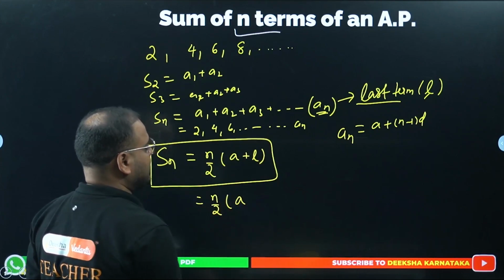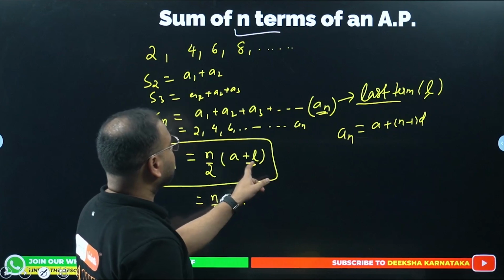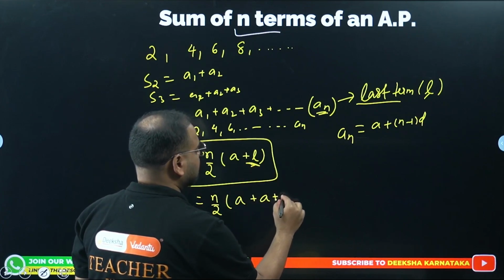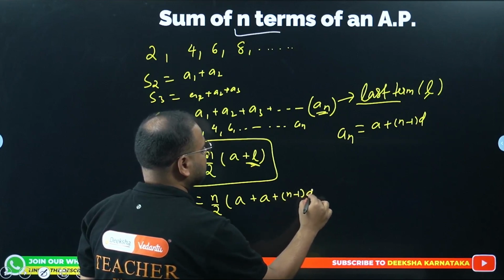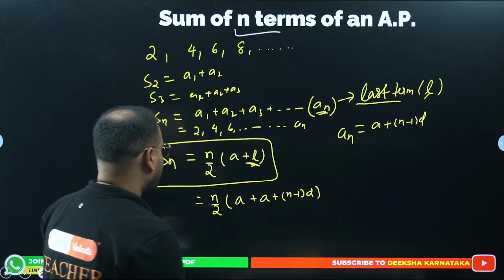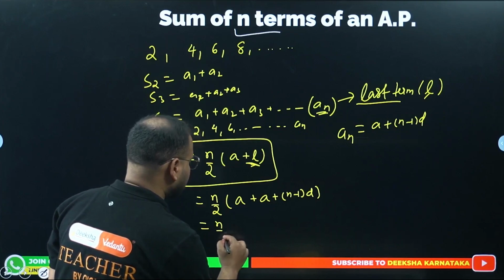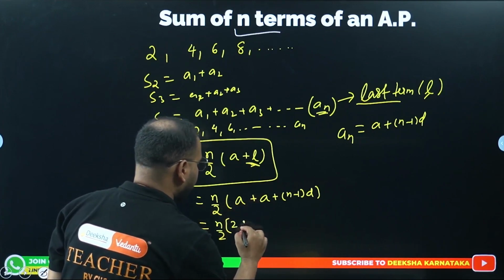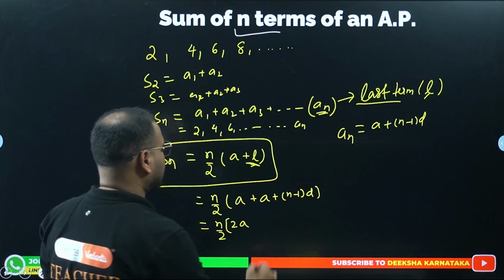So a will remain same and L will be replaced by a plus n minus 1 times d. Moving on, simplify this forward. A plus a will be 2a, great.